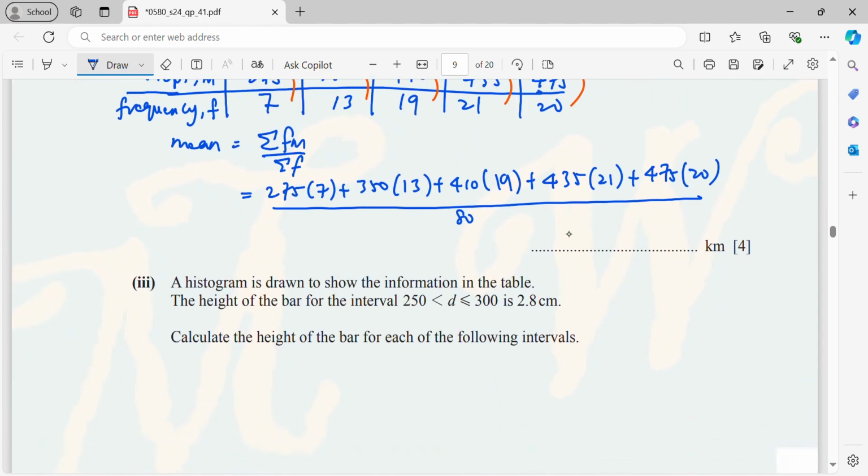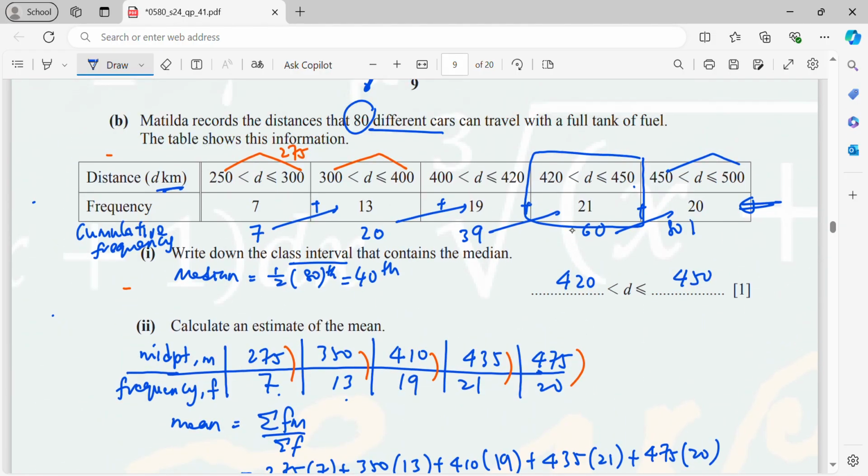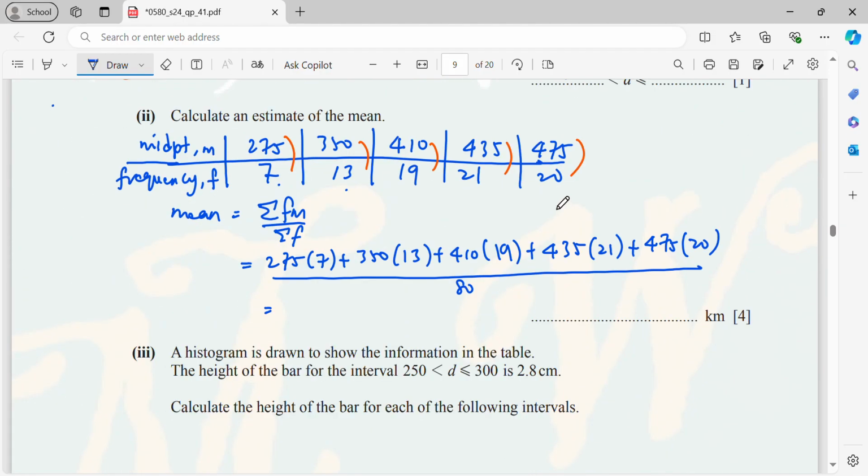Or you can add 7 plus 13 and so on, but we have counted it already, which is 80. From here you will get 32900 over 80, which is 1645 over 4, and you can write 411.25. This is the exact value. If it were non-exact, you would round to 3 significant figures. Since this is exact, we copy the full value.